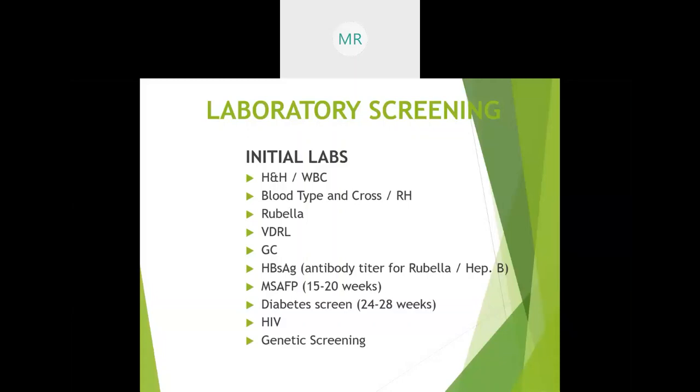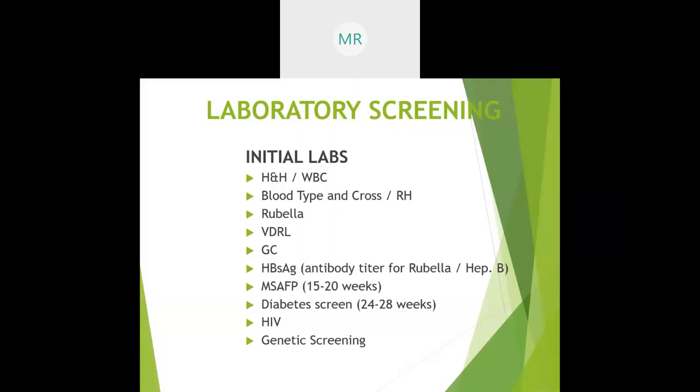If the glucose is less than 140, no problem, it's negative. You have something called a 1-hour glucose tolerance test, and this is the one that's done in the diabetic screen between 24 and 28 weeks. First there is 50 grams of oral glucose that you drink.